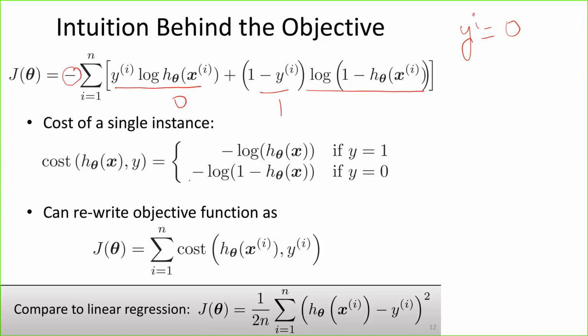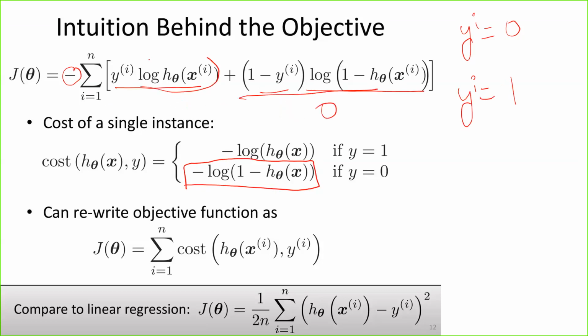It means you're adding a penalty of minus log(1 minus h theta of xi). Similarly, when yi equals 1, this part becomes 0, and you get minus log h theta of xi. So when y equals 1, you're adding a penalty of minus log h theta of x. When y equals 0, you're adding a penalty of minus log(1 minus h theta of x).